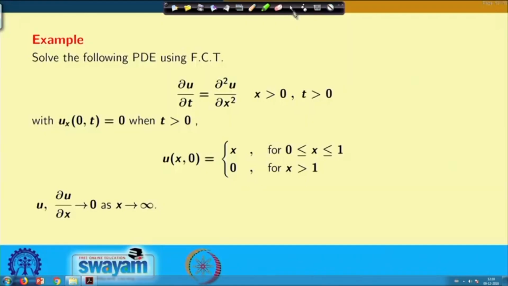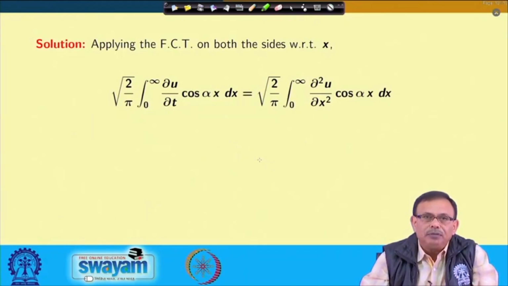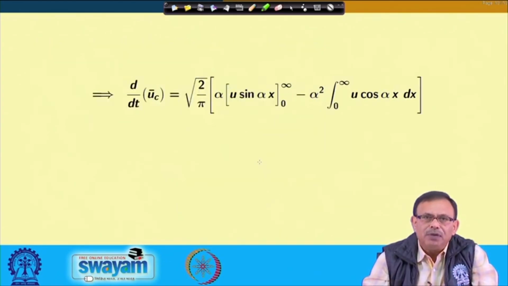Let us see quickly over here. The problem was given as this one. So, what I am doing? I am just taking Fourier cosine transform, then using the earlier methods I am evaluating the integral, and in evaluation of the limit we are using the condition u x 0 t is 0 and del u del x approaches 0 as x approaches infinity.